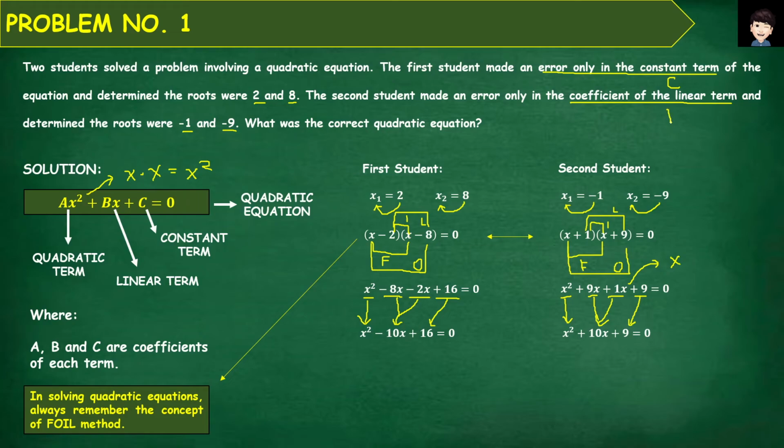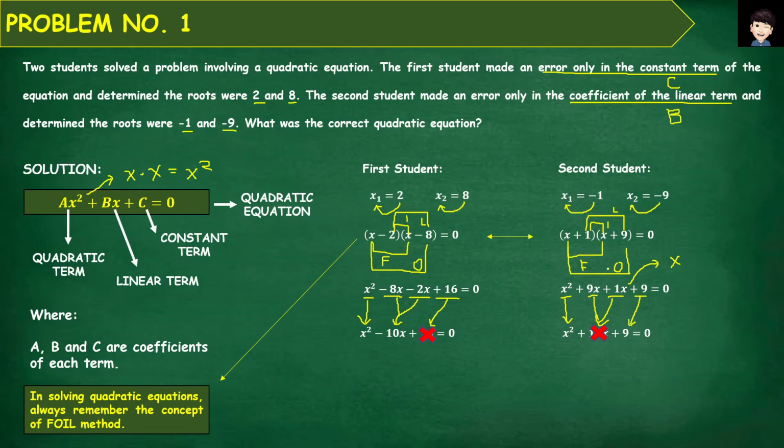Yun yung letter B. So paano yun? Tingnan natin. Hindi natin i-include yung constant term ni first student kasi mali yun. Ganon din kay second student. Hindi natin i-include yung coefficient of the linear term ni second student.